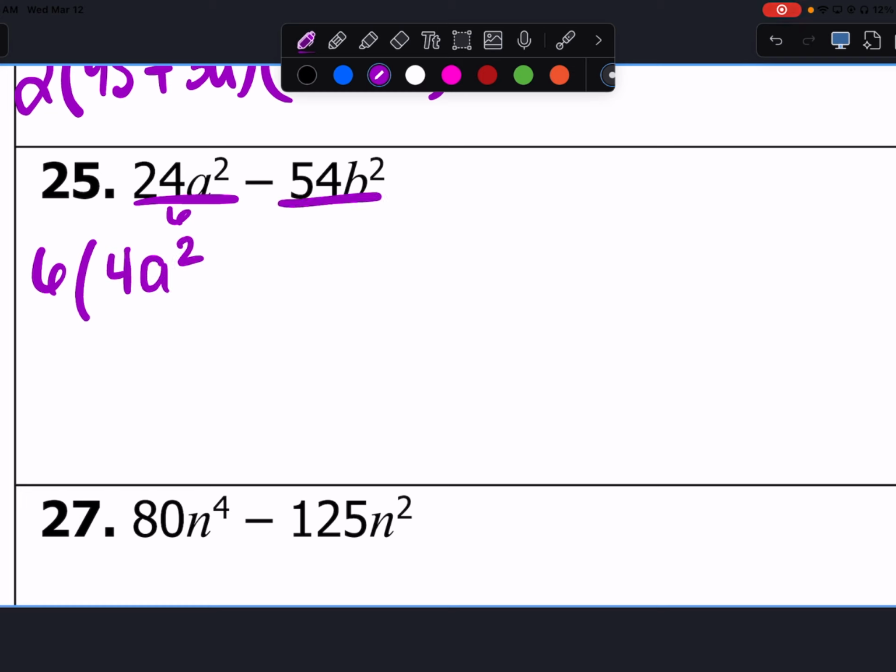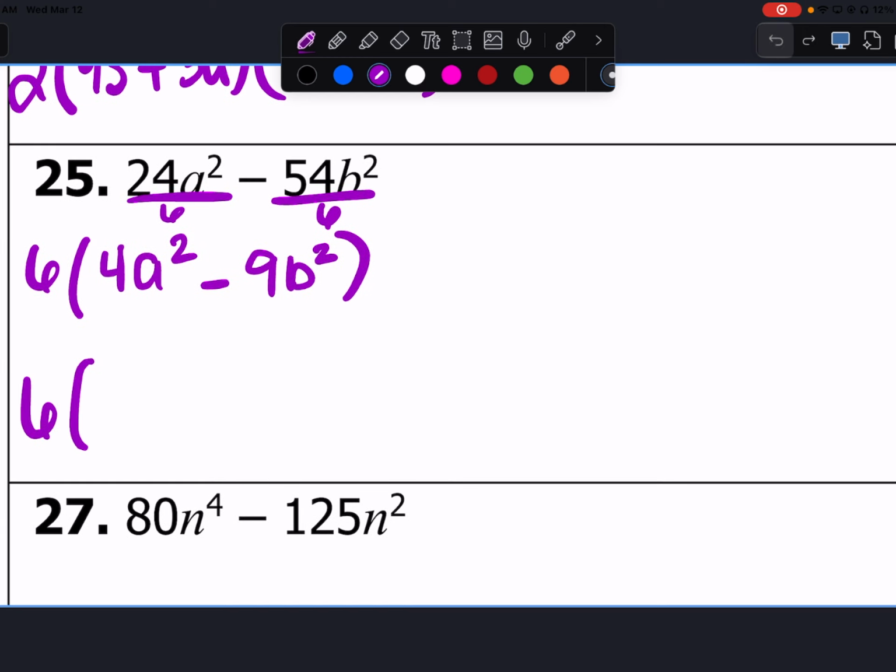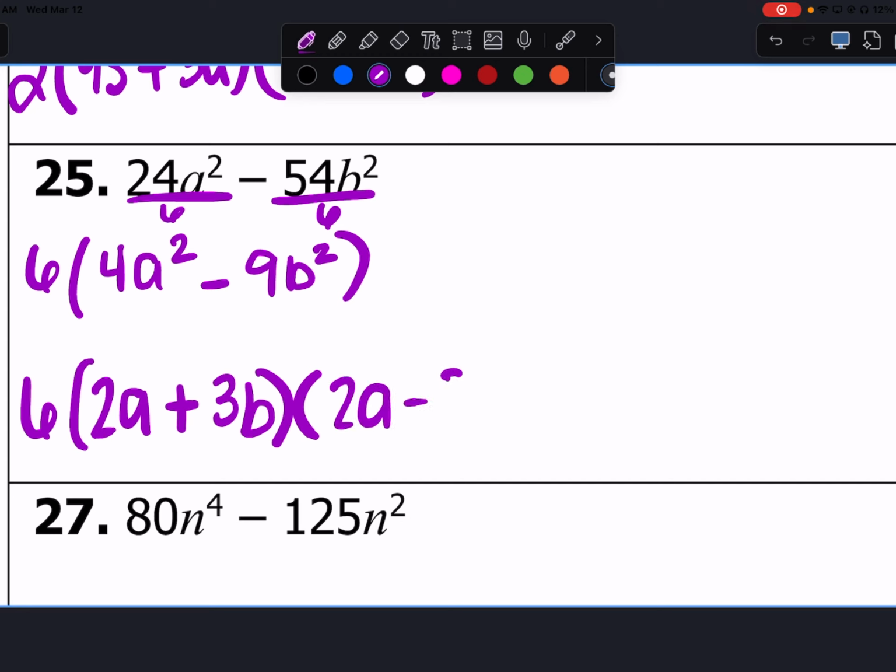Okay, for 54b squared divided by 6, what is that? 9. Can I factor that further? So we do 6 times, not 4a, 2a plus, times, minus 3b.